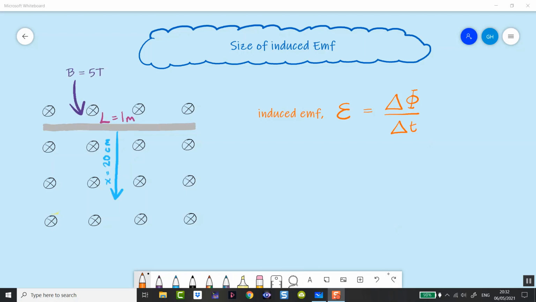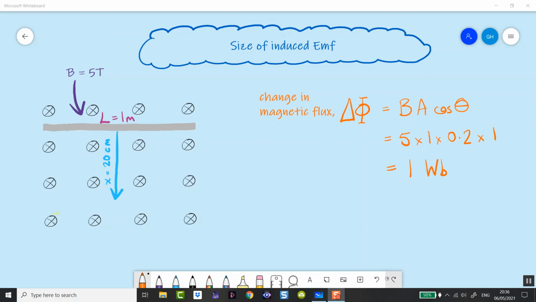So if we move a 1 metre long wire 20 centimetres through a uniform 5 Tesla magnetic field, moving it perpendicular to the field, the change in flux experienced by the wire will be 1 Weber. And if this takes 2 seconds, and we're moving it at a constant speed, we will induce a constant EMF of 0.5 volts.